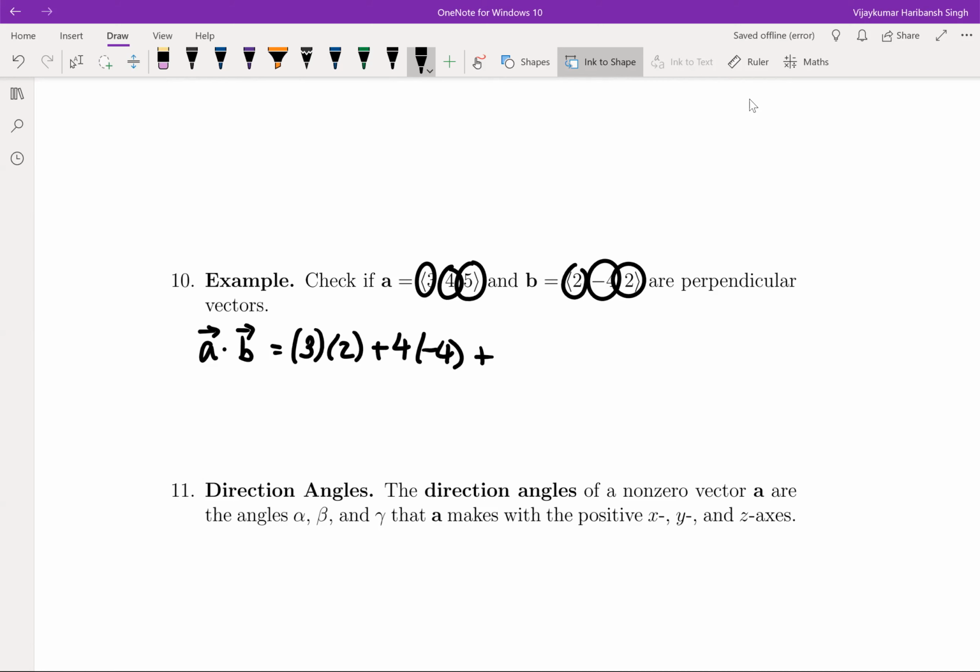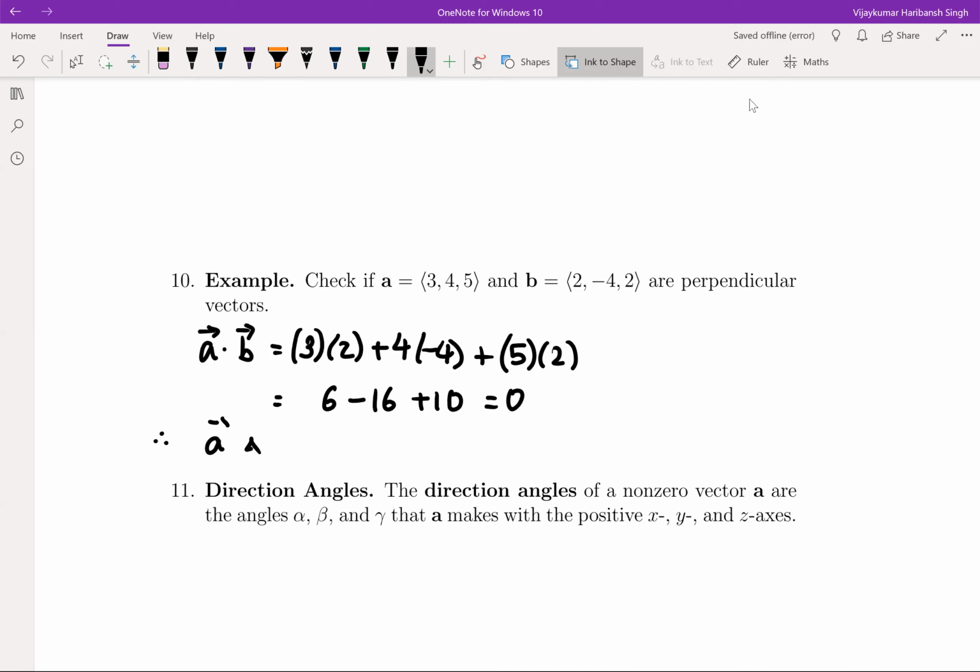So that is 6 minus 16 plus 10, which is 0. So therefore, A and B are indeed perpendicular.